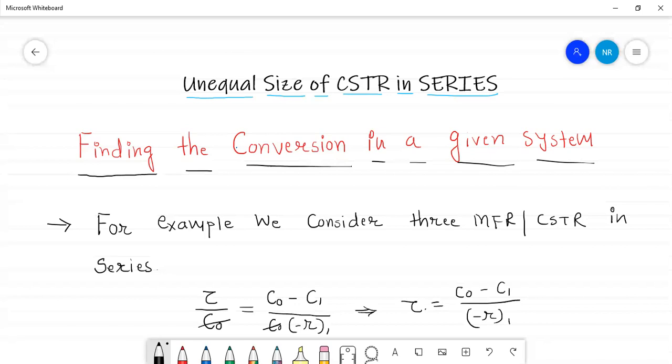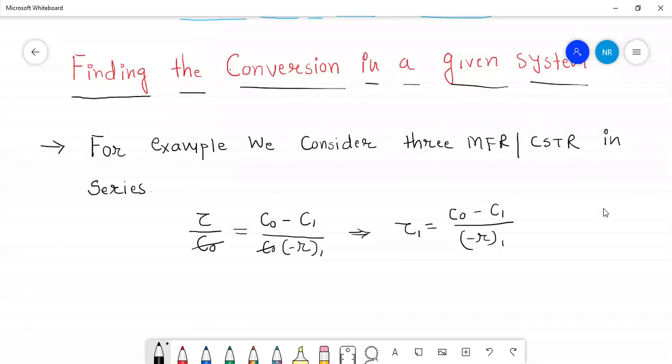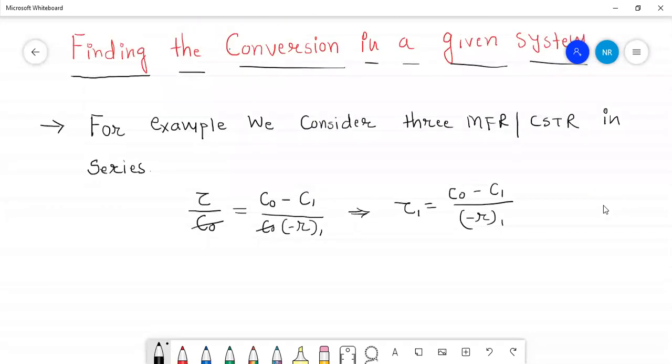And we'll consider here tau 1. Our ultimate goal is to find the concentration after the last CSTR. Once we arrange CSTRs in series, the concentration in any reactor we can find out using this. For example, let's take the reverse of this one.